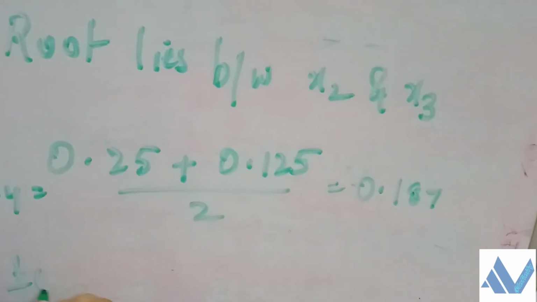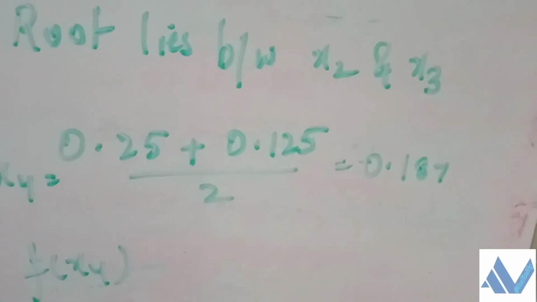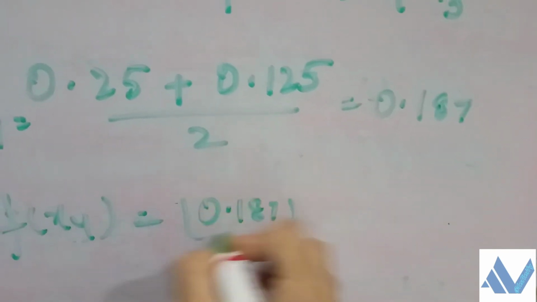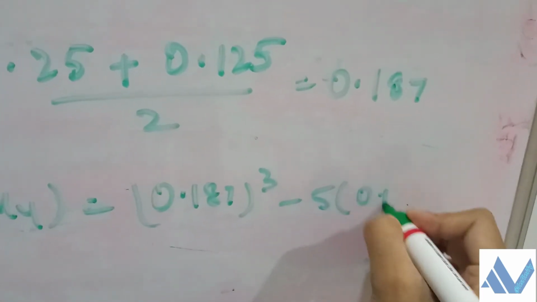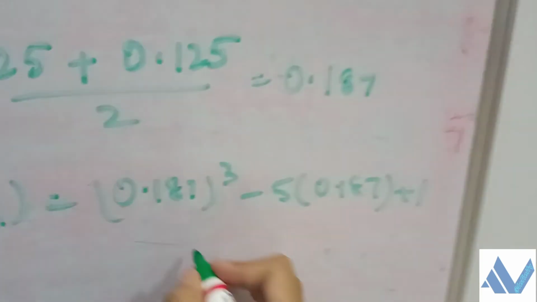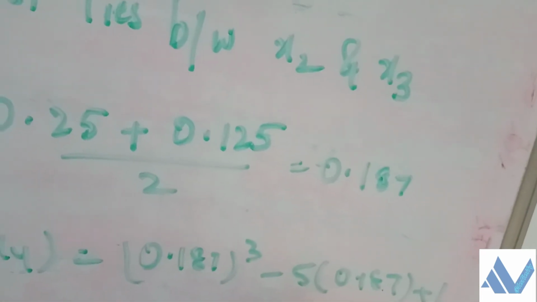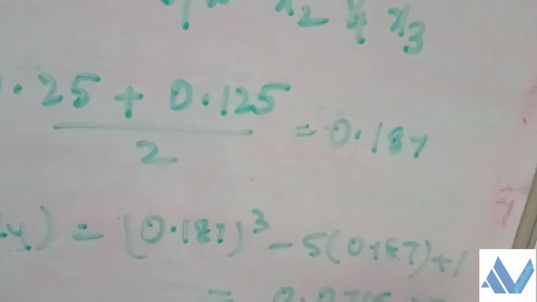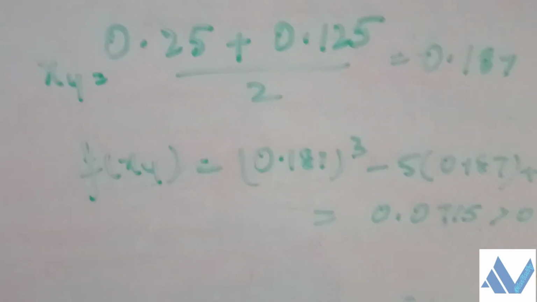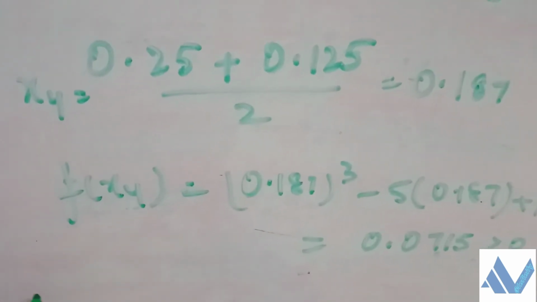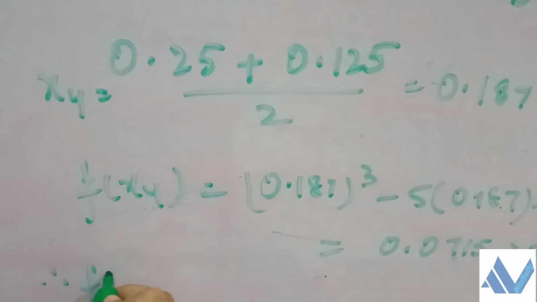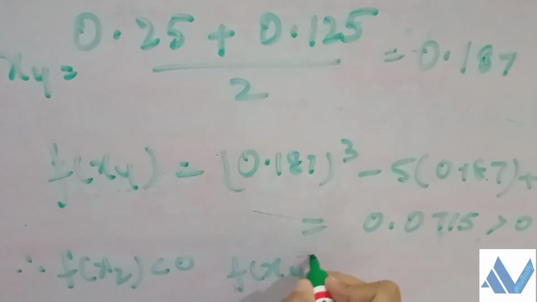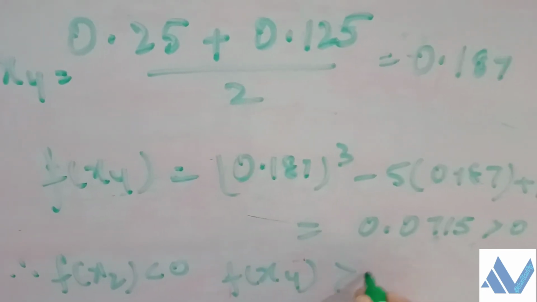Now, f(x4), we again substitute 0.187 the whole cube minus 5 of 0.187 plus 1. So we get the value 0.0715, greater than 0, a positive value. Then the root lies, f(x2) is less than 0, but f(x4) is greater than 0.